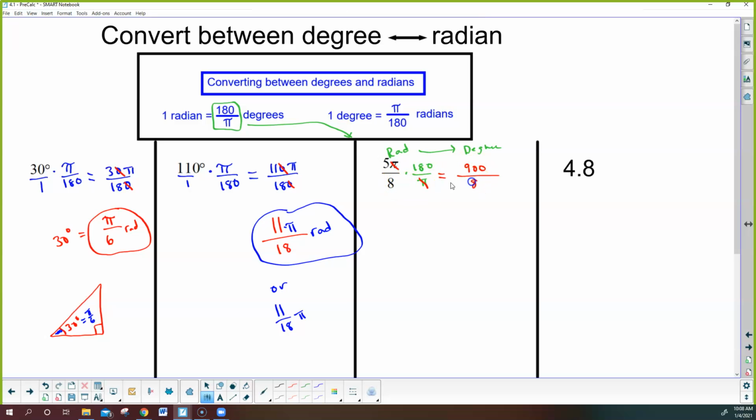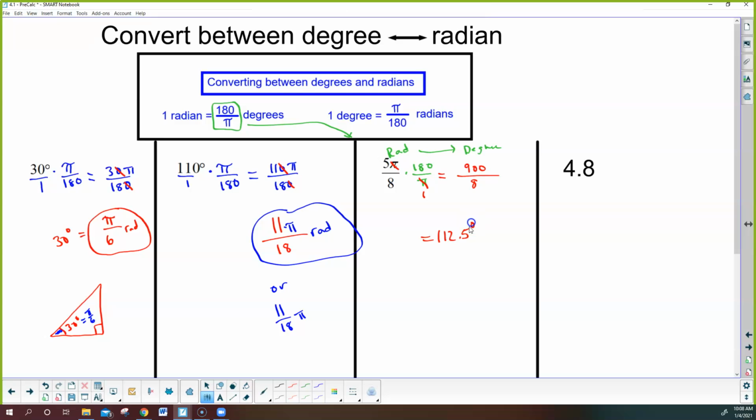And on the bottom, I get 8 times 1, so I get 900 over 8. That's not wrong. That's technically correct. But what we can do then is just do 900 divided by 8, and we get the amount of degrees.